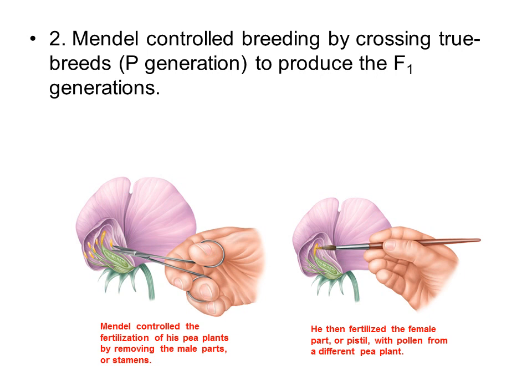So Mendel manipulated and he controlled breeding. And because of that, he was able to look at these crosses and to create the crosses. Mendel controlled breeding by crossing true breeding plants, which produced an F1 generation.